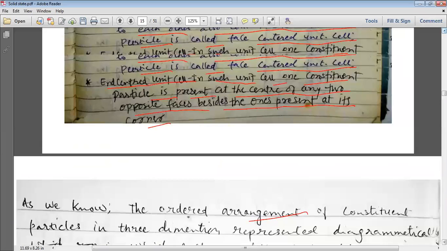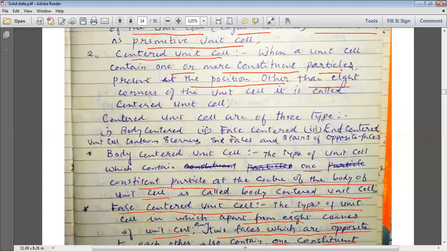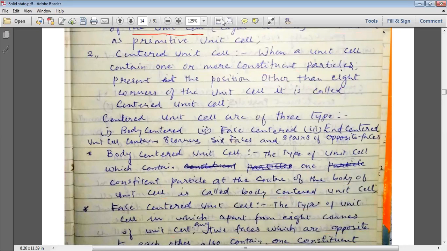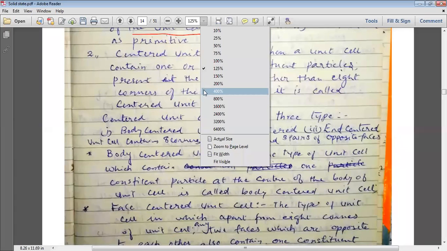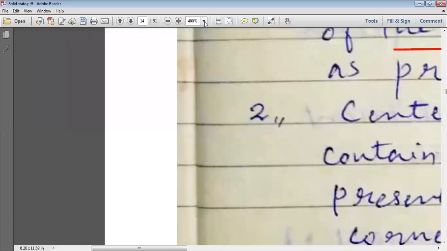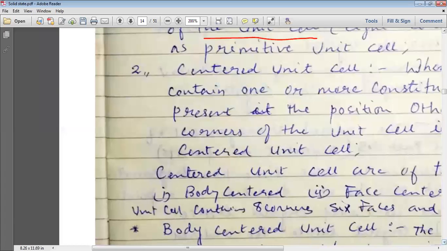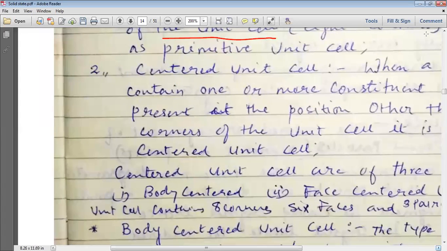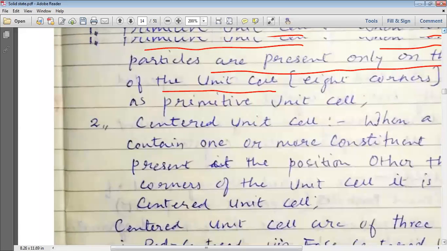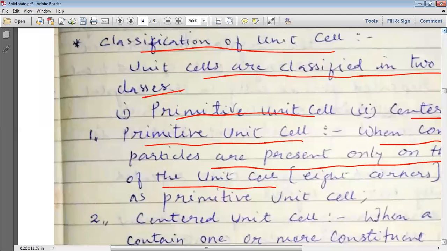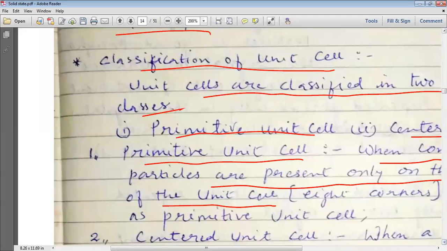Please try to recall it. That is what I have written here: in a particular unit cell, this is the statement. Now you will be able to understand it well, I hope.